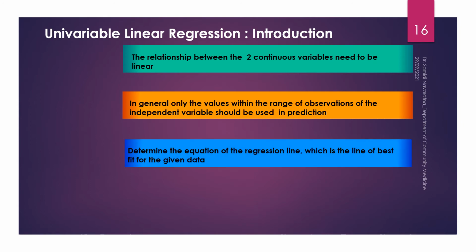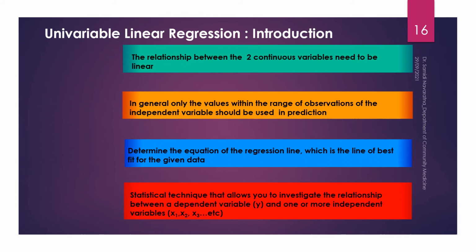Then thirdly, regression determines the equation of the regression line, which is the line of best fit for the given data. Then again, regression is a statistical technique that allows you to investigate the relationship between a dependent variable and one or more independent variables.